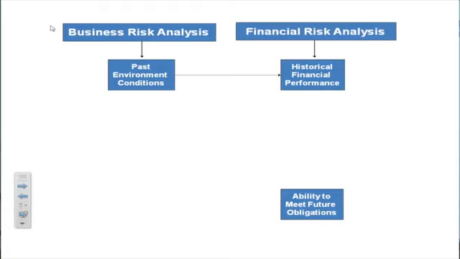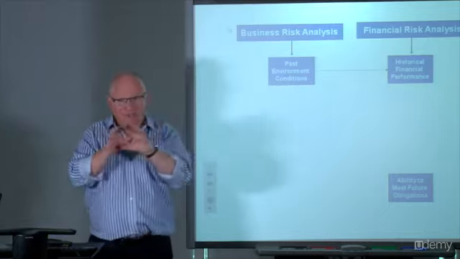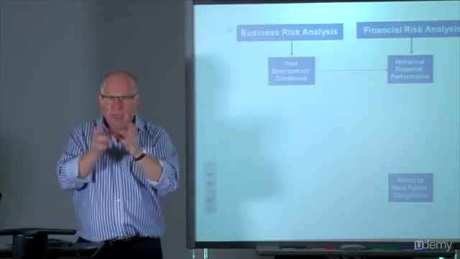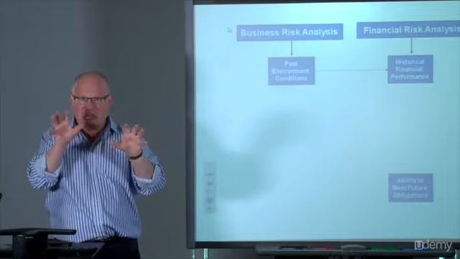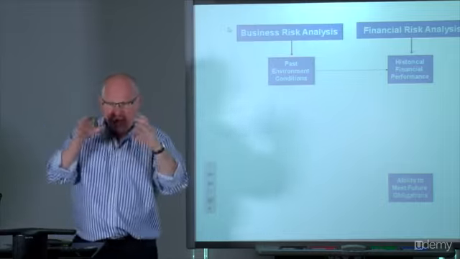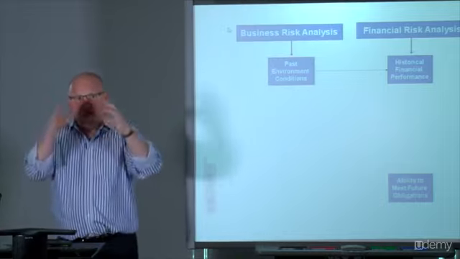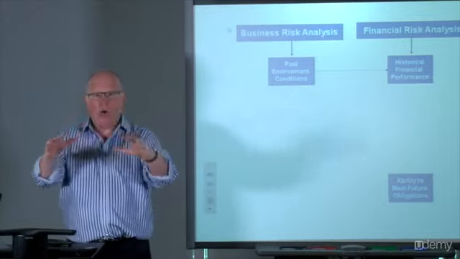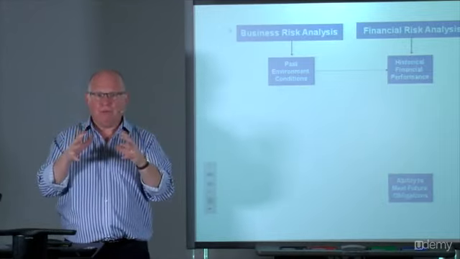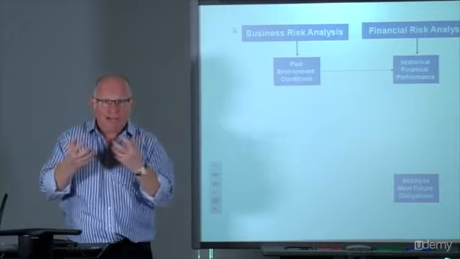Now, what we have to do is take the historical performance and look at the environment that the business has operated in. Because what that does, it gives us a pattern. Given a certain set of environmental conditions, financially, how has the business performed? We've got a pattern. We've got a relationship.